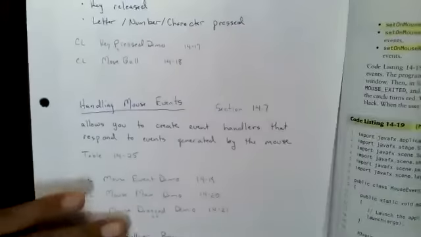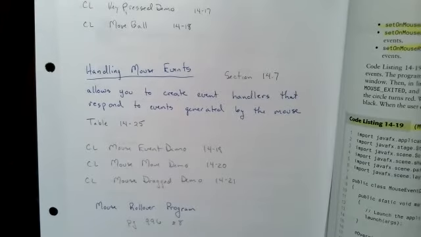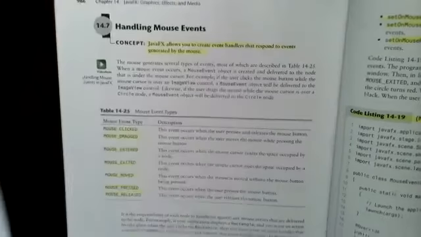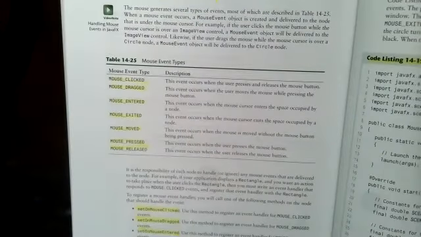Moving on. The next thing in my notes is not only can I handle key events, I can handle mouse events. I was getting ready to write them down, and I'm like, no, because there's a whole table of them. Here are some of the events. If I click my mouse, if I drag my mouse, what if I enter a certain area with my mouse?